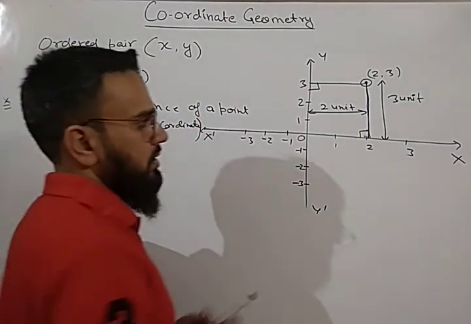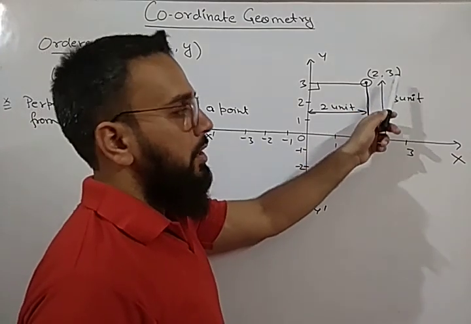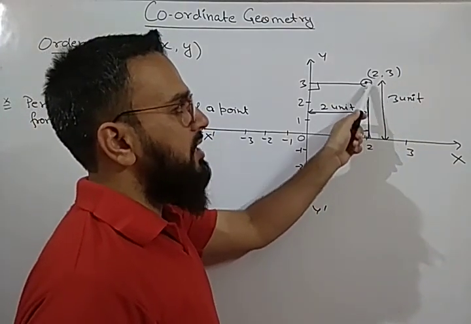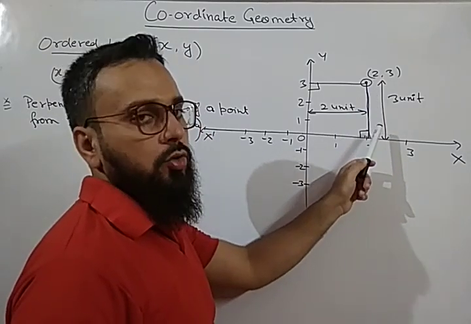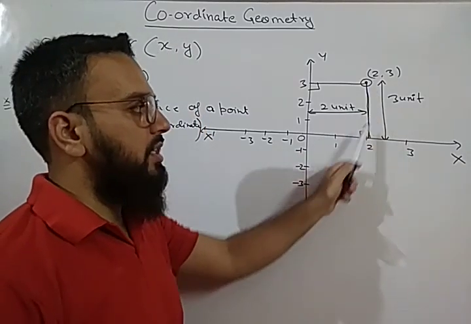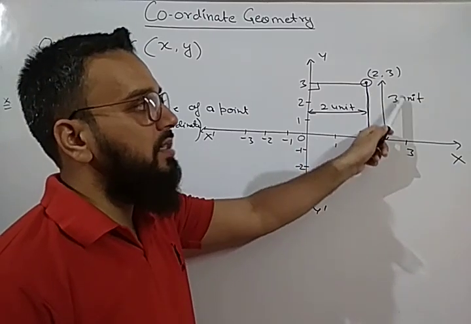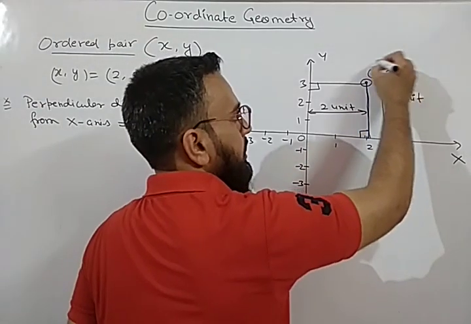Clear? Because here it is (2, 3), so 3 is the perpendicular distance of this point from the x-axis. So the perpendicular distance from the x-axis of a point is the y coordinate.